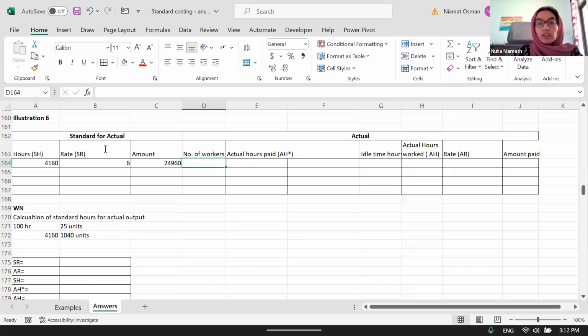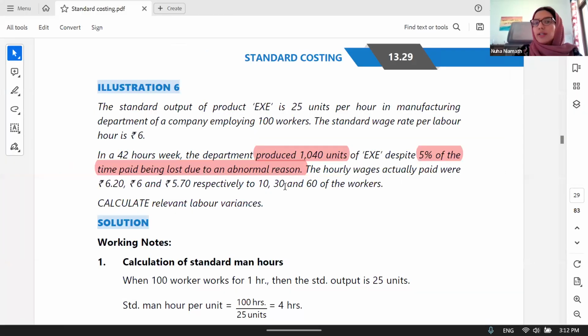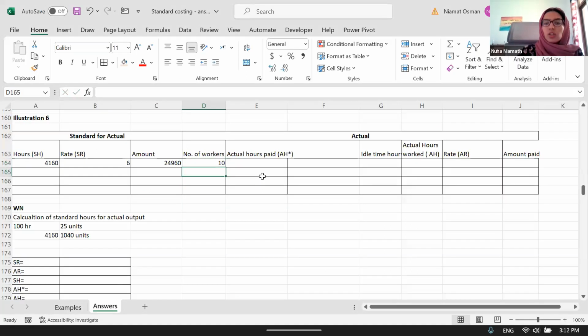Now let's get to our actuals. We have to divide it because we have 3 different rates for 3 different workers. So we have 10, 30 and 60. What are the actual hours paid? Remember, we have to consider paid as well as worked because we have to calculate different types of variances.